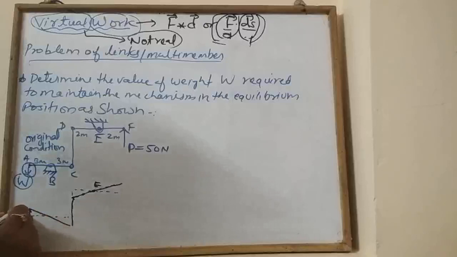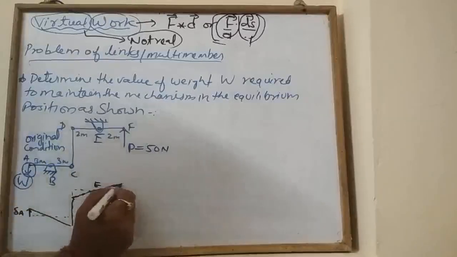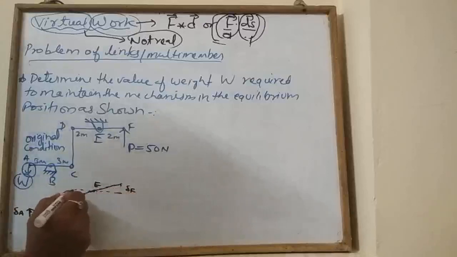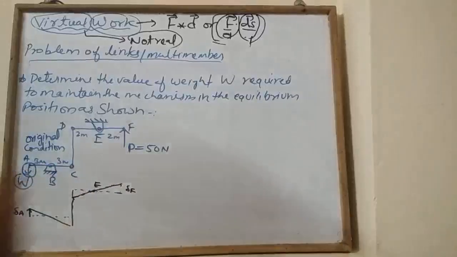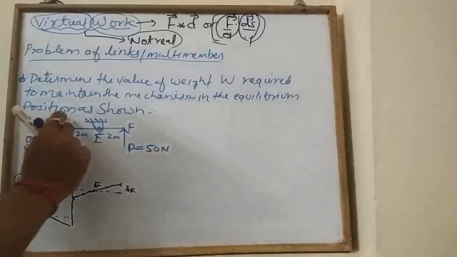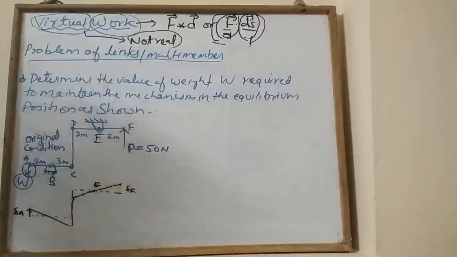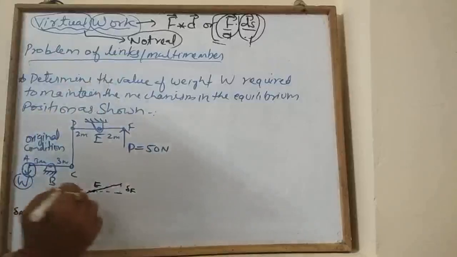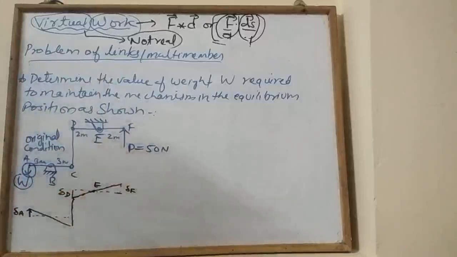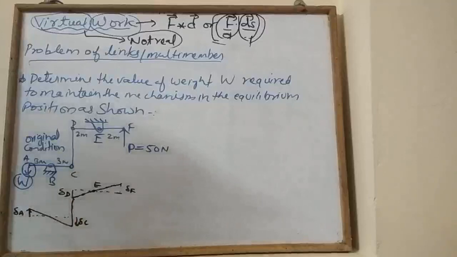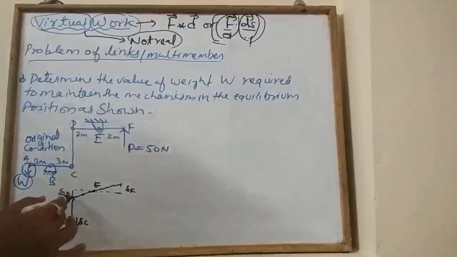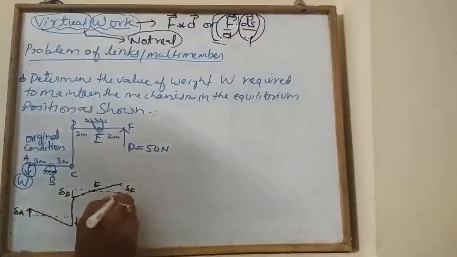This is delta A. This is delta F. This is delta B. This is delta C. So we have displacement of these points as this.